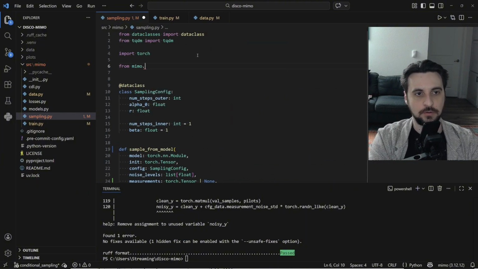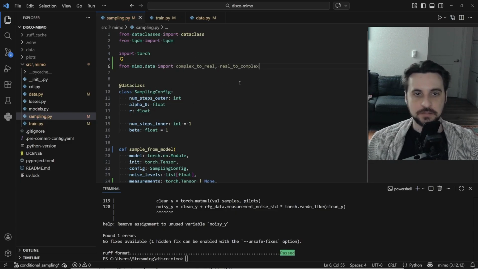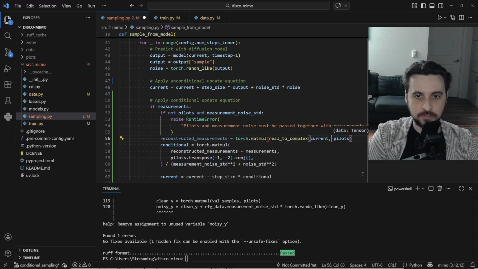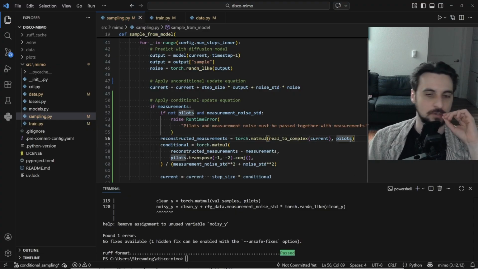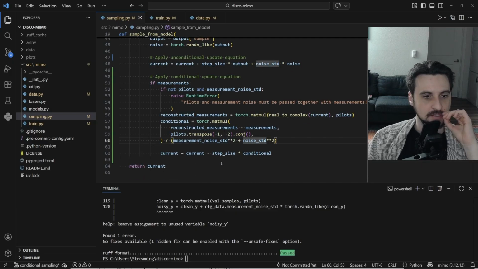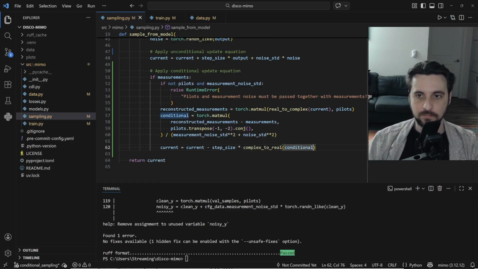So from MIMO dot data import complex to real and real to complex. So when we do this matrix multiply, I have to go back to complex world. Let's keep the pilots in complex world because it's easier. We'll keep the measurements in complex world too. So I need to go complex to real here. Okay. And this should be it.